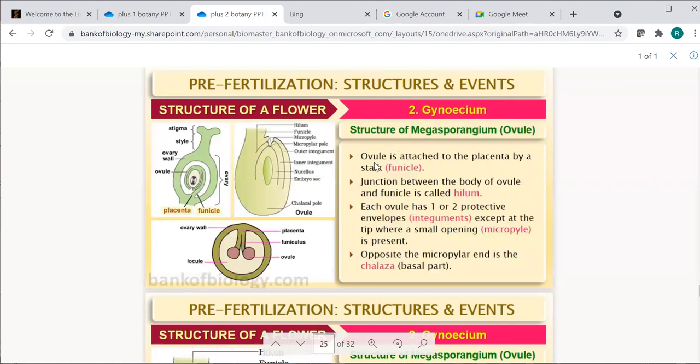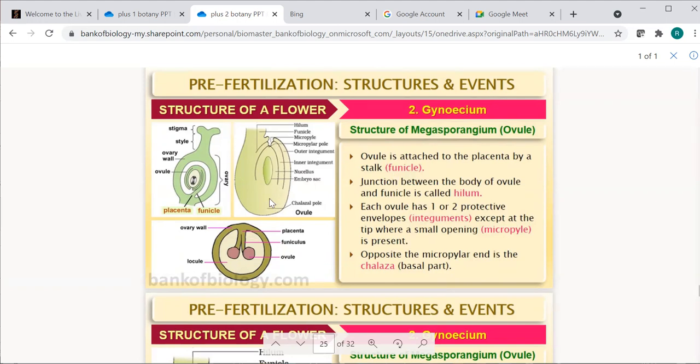So the next one is the ovule. The ovule is attached to the placenta by a stalk. See, in an ovary, the ovule cannot be found just like that. It is attached to the placenta through something, right?